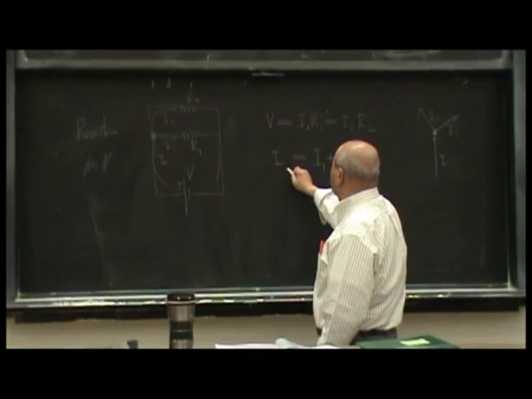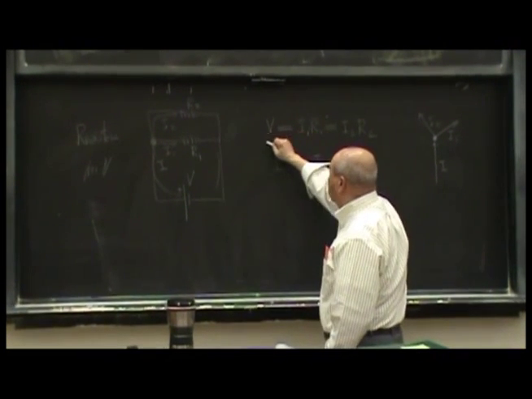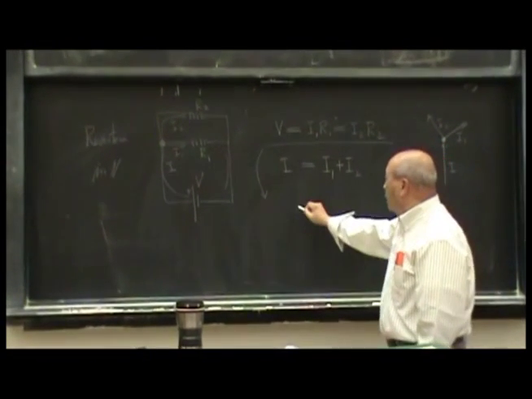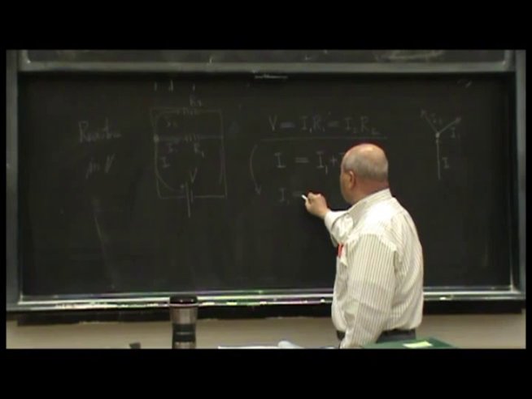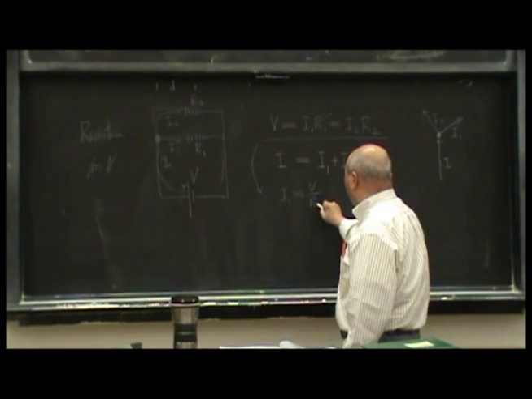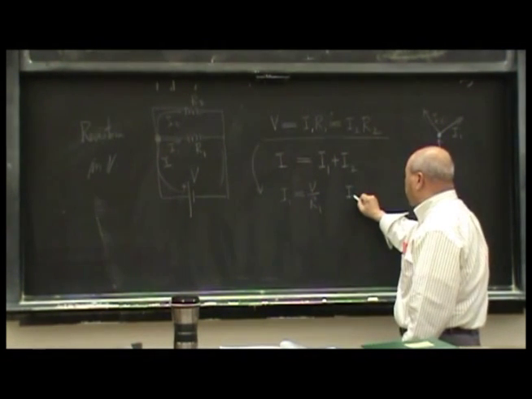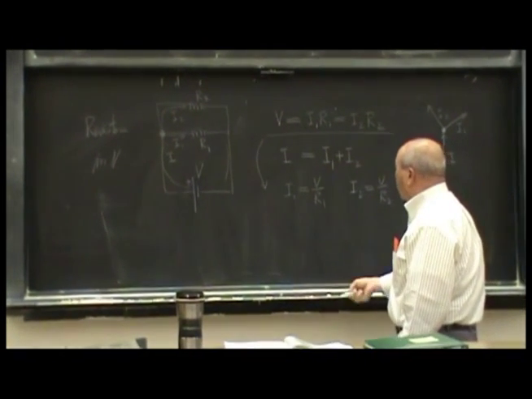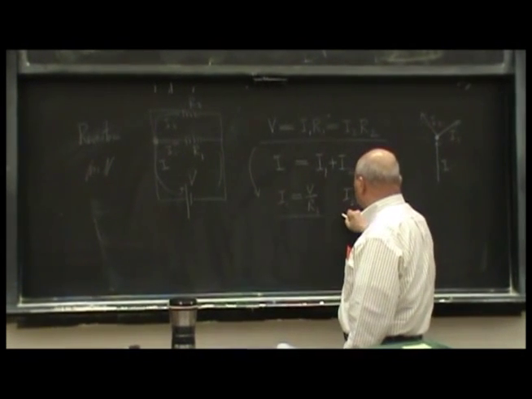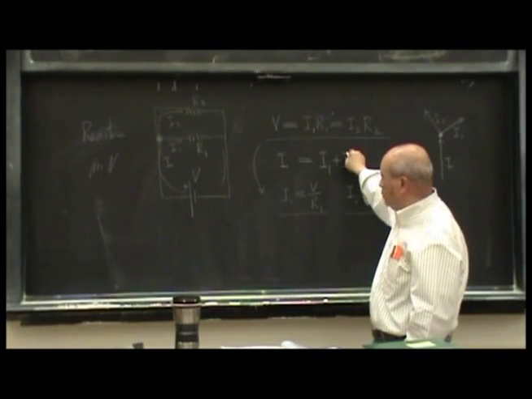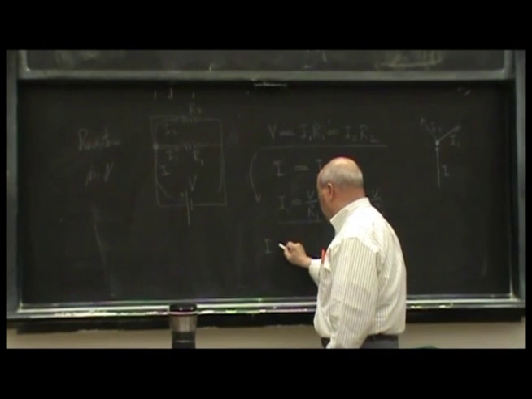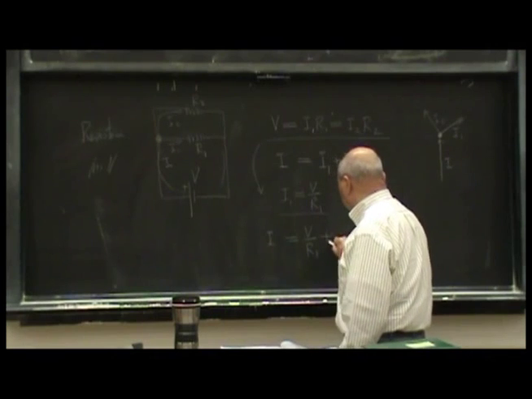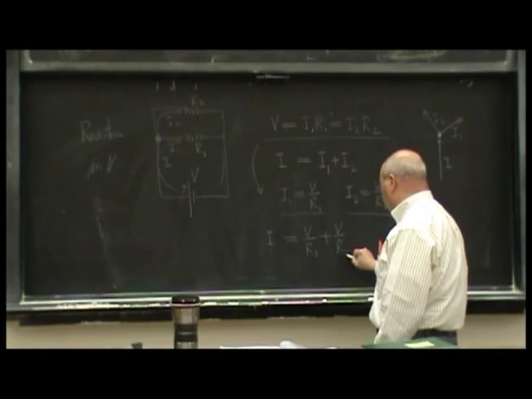So using this, from this equation, what is I1? I1 is equal to V divided by R1. What is I2? I2 is equal to V divided by R2. You substitute these back into this equation, then you have I equal to V divided by R1 plus V divided by R2.